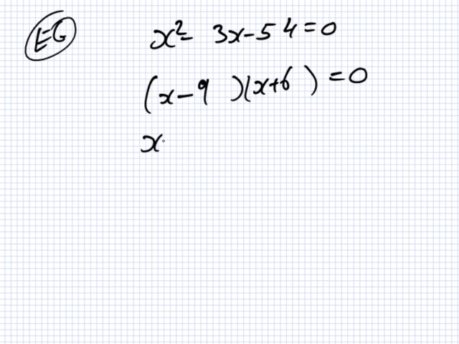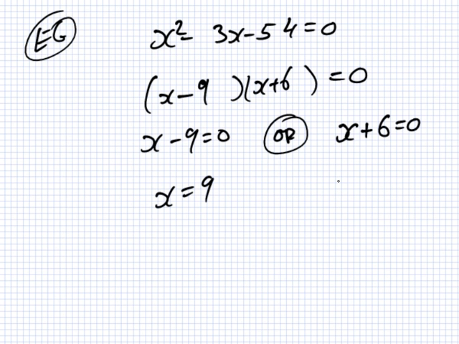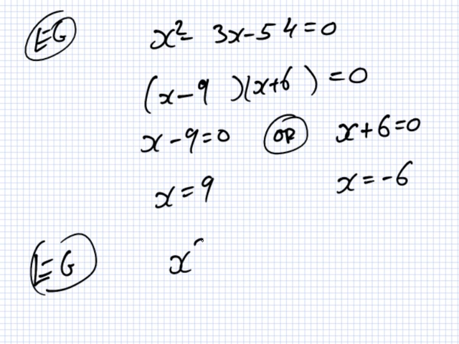So that means x minus 9 equals 0, or x plus 6 equals 0. So x equals 9 or x equals minus 6 then. But we can also use completing the square to solve, which is what I'll do next. So just write this one down, and I'll show you how to solve this one by using the complete the square method.